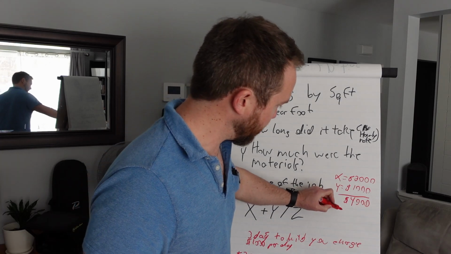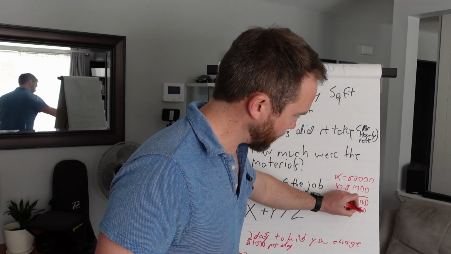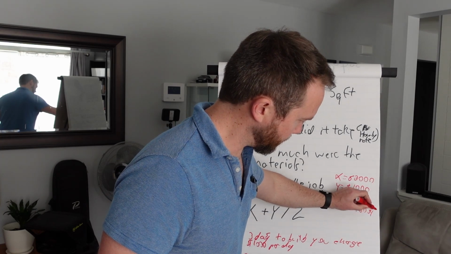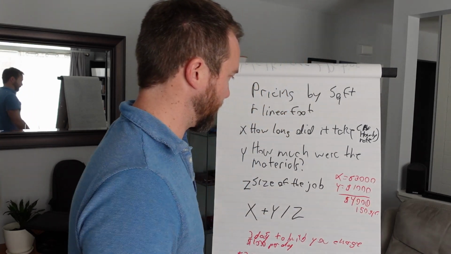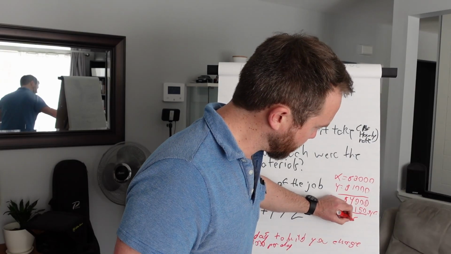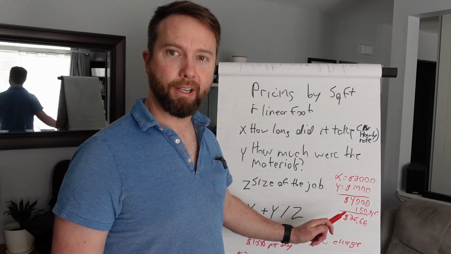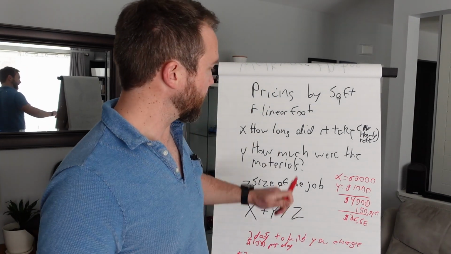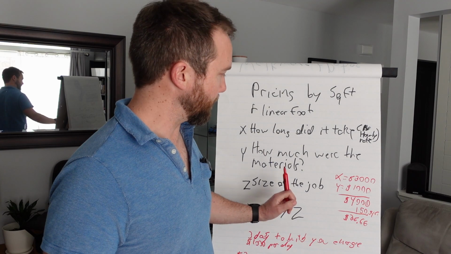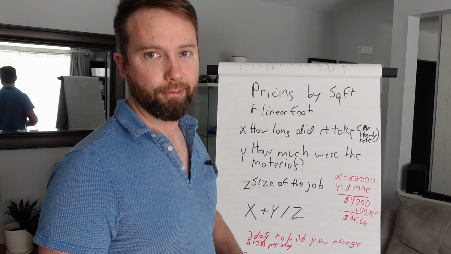You're going to divide that into 150 square feet. And then that will give you 26.66. So now you know, in order to build that retaining wall using that type of material, it's going to be $26 per square foot.